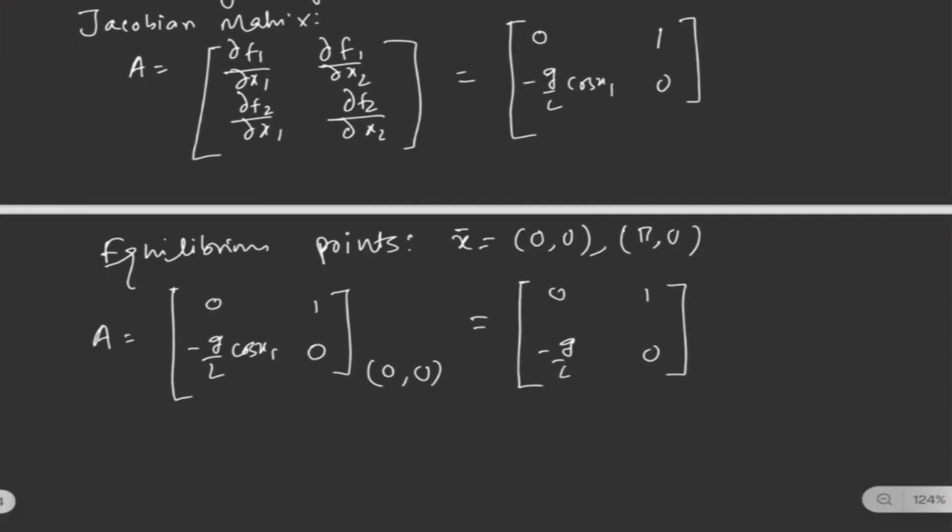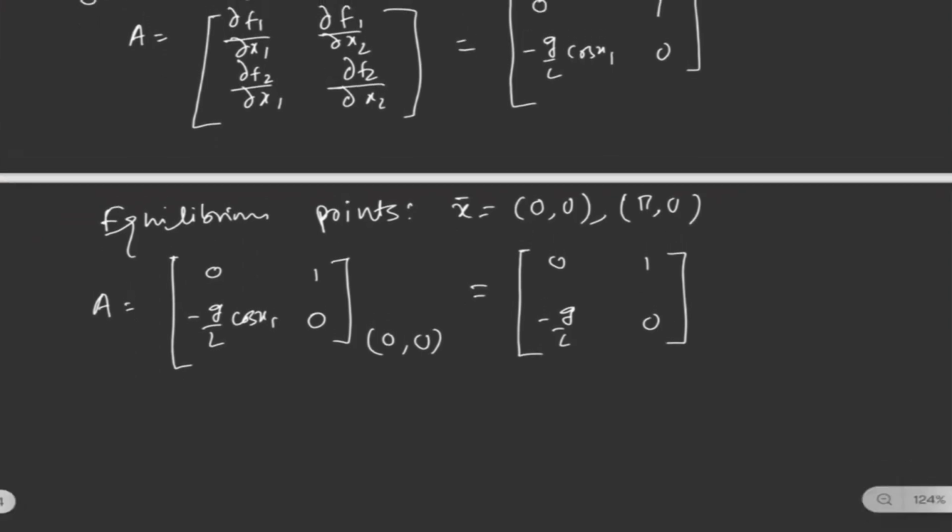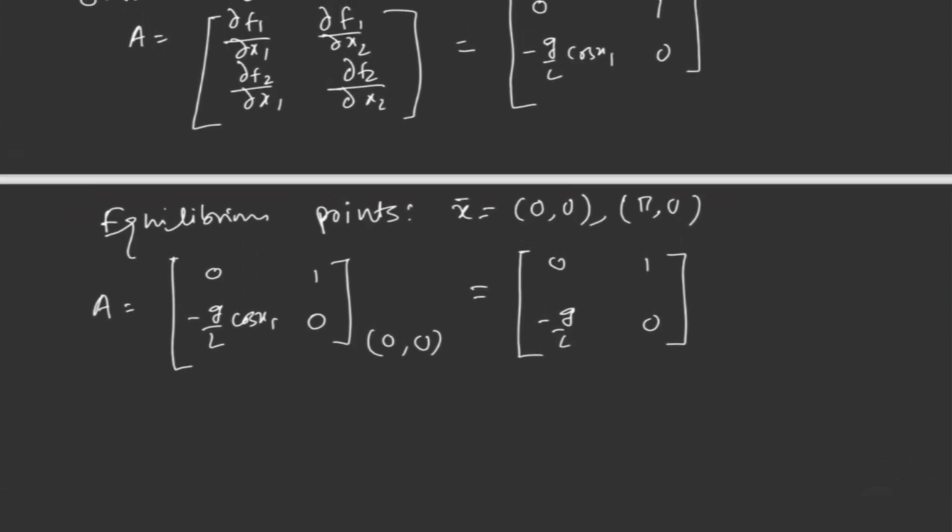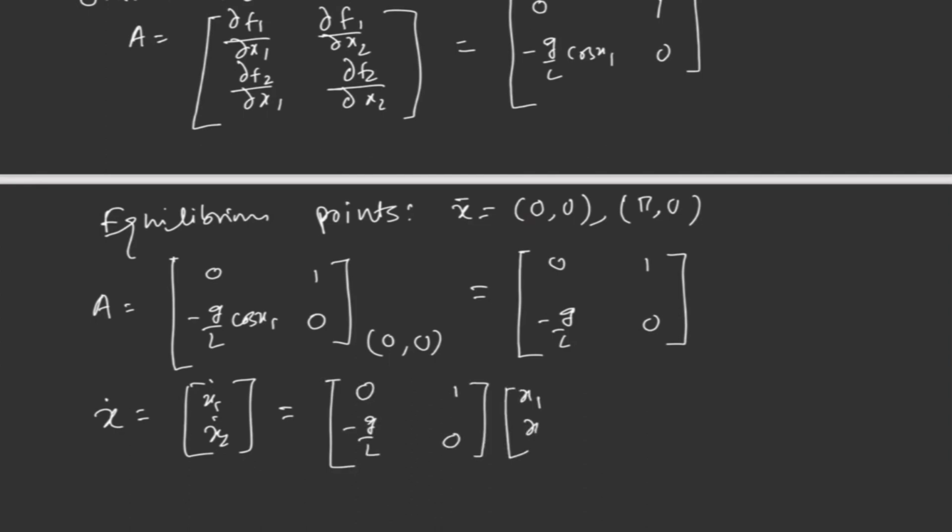This is the Jacobian matrix for the equilibrium point (0, 0). Now, writing in state equation form, x dot, which is x1 dot, x2 dot, equals 0, 1, minus g by L, 0 times x1 and x2.